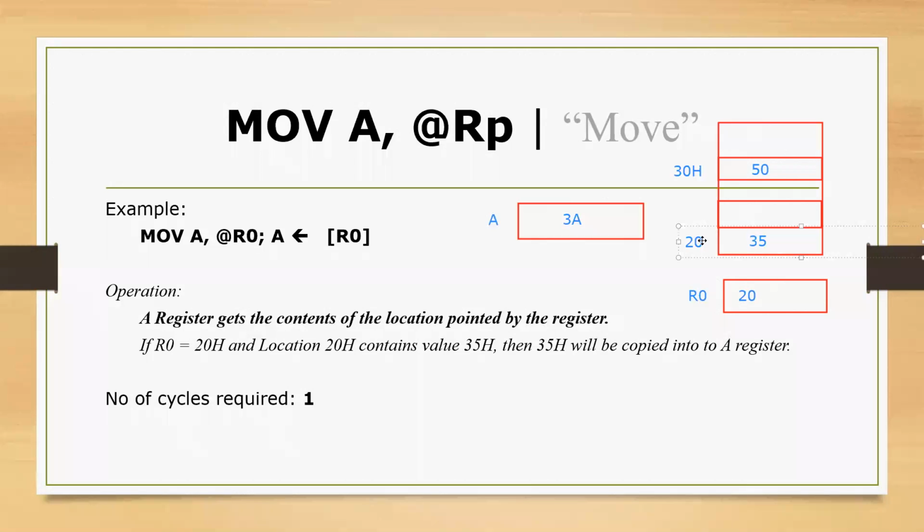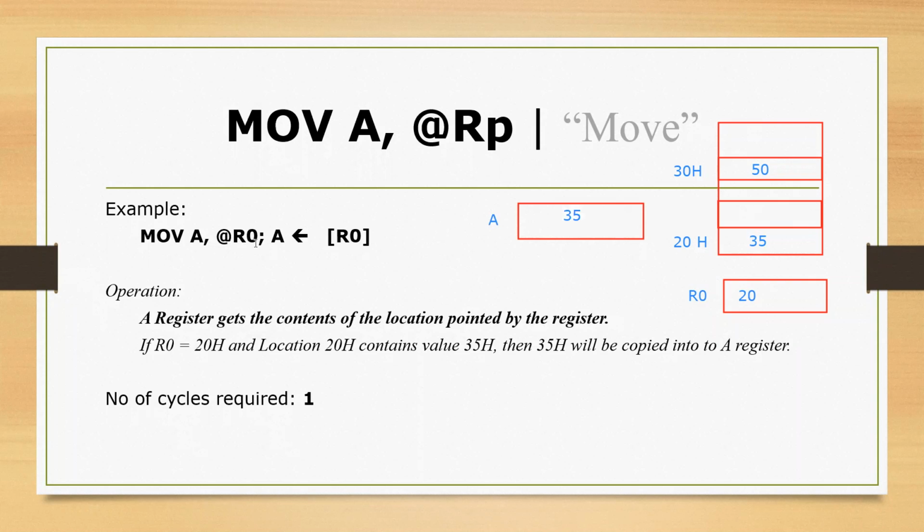So the 20 hex is the memory location pointed by the register R0. We'll get data from 20 hex, that is, the value 35 is copied to the accumulator register. The content of 20 hex is 35, so the value 35 will be copied to the accumulator register.